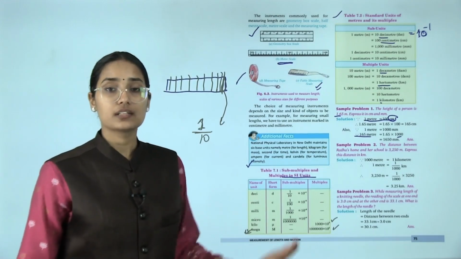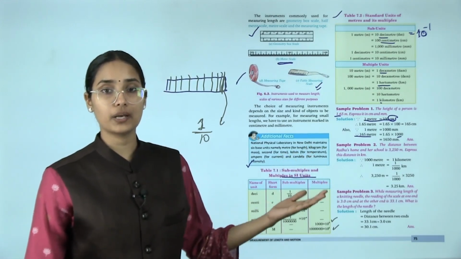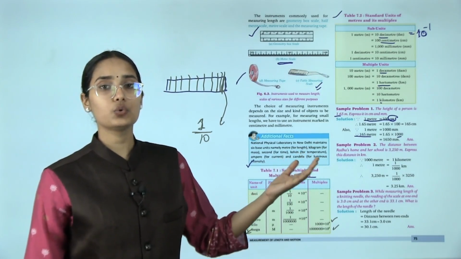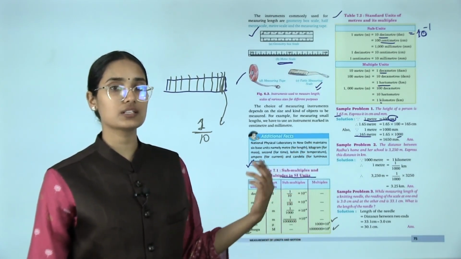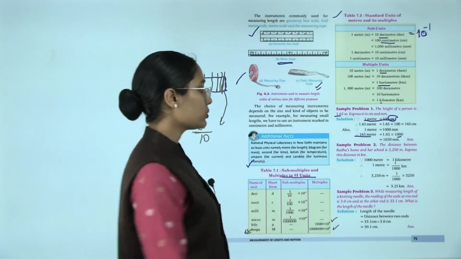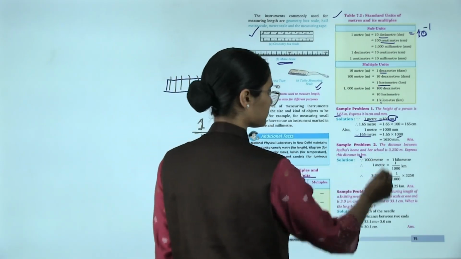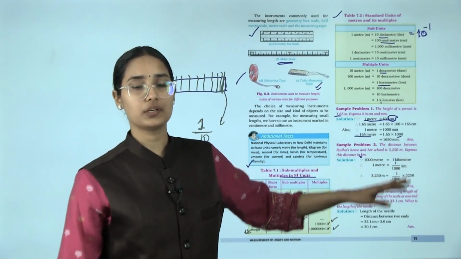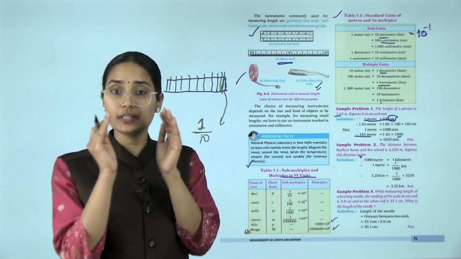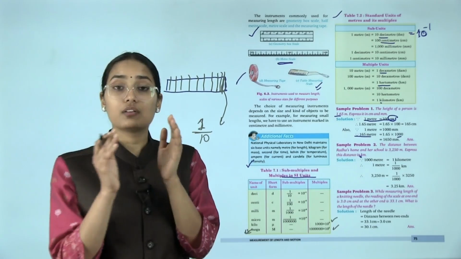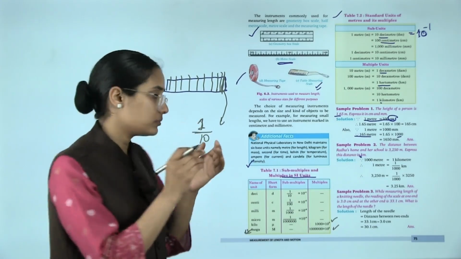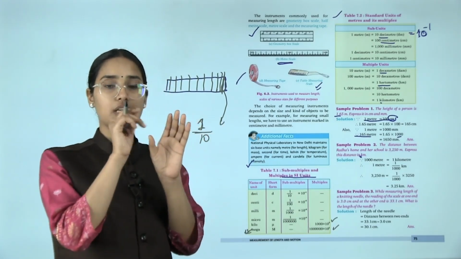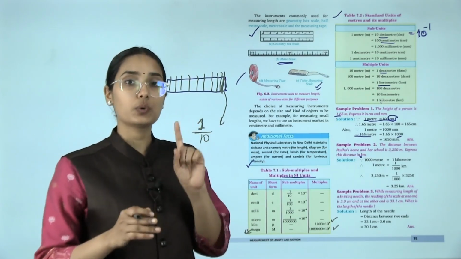Similarly, for distance, the distance between Radha's home and her school is 3250 meter. Express this distance in kilometer. Now, we know that 1000 meter is equal to 1 kilometer. When we keep a 1 meter length 1000 times, we will get 1 kilometer.